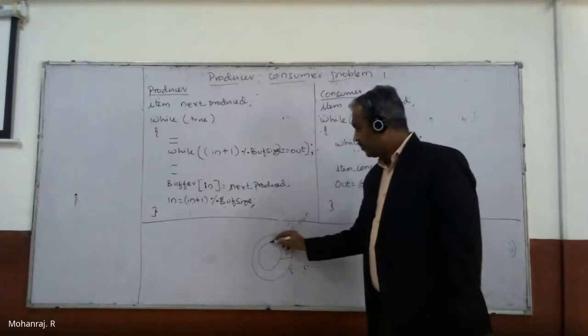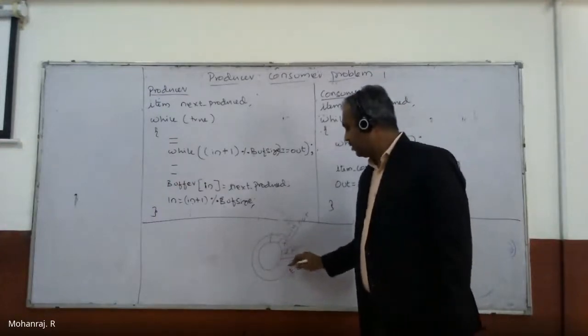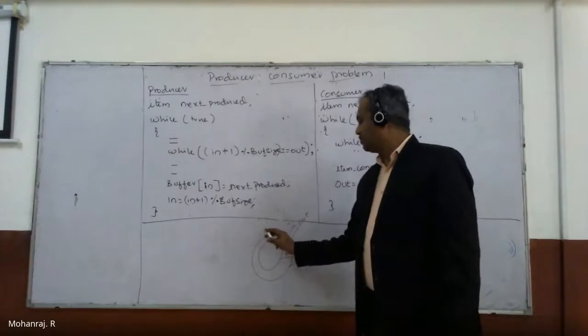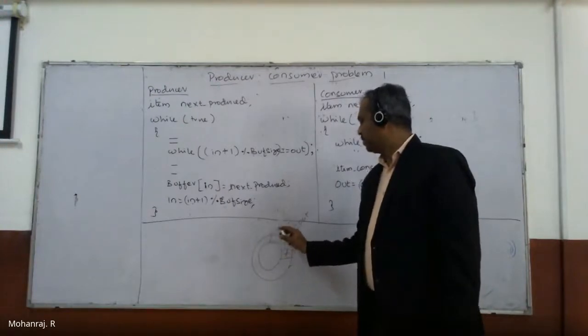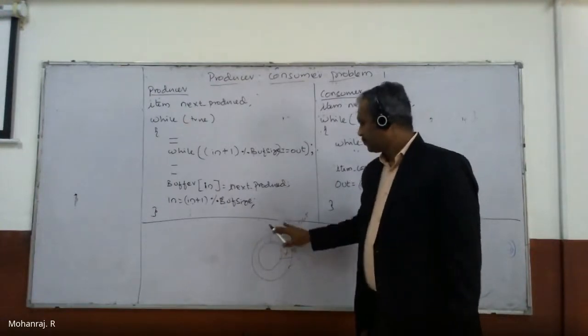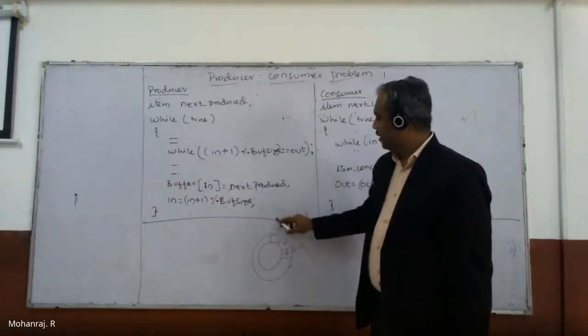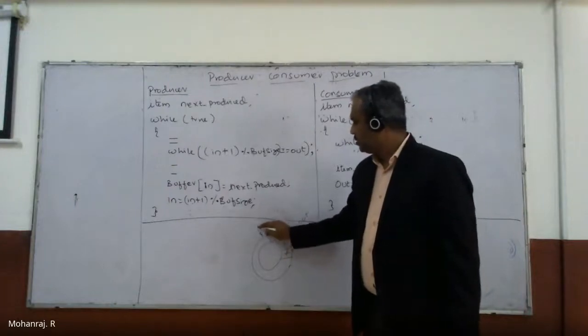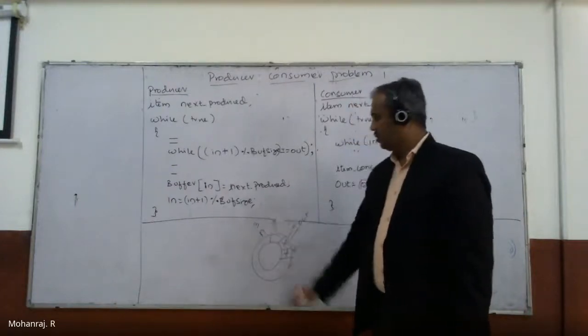Then at the last, say it has placed 4 items. Now the value of in, let you assume in is 3.